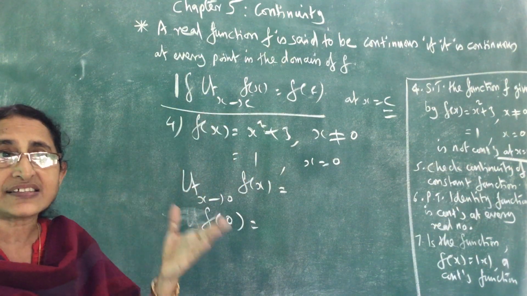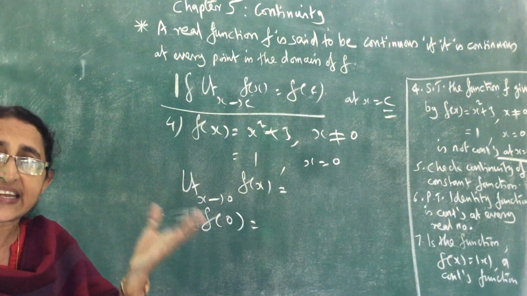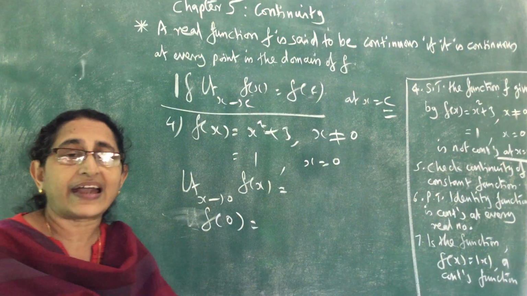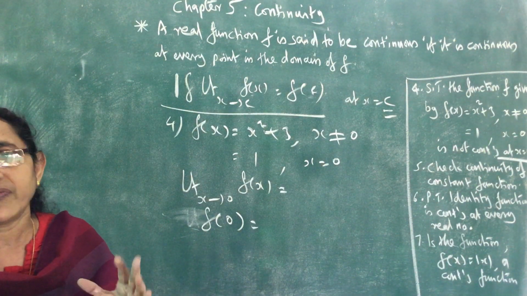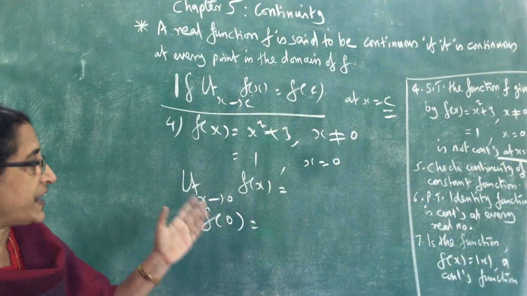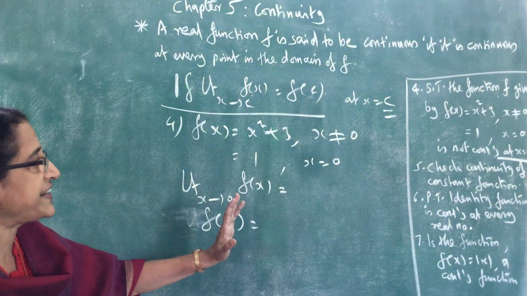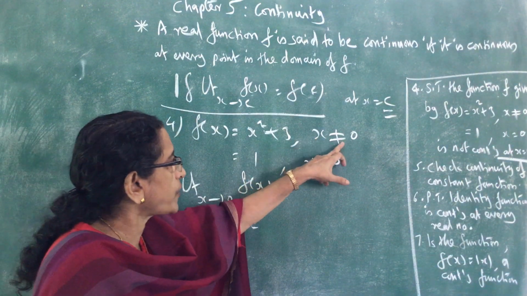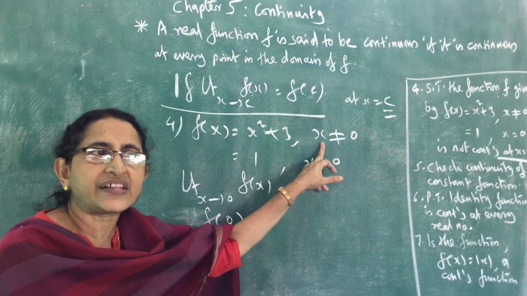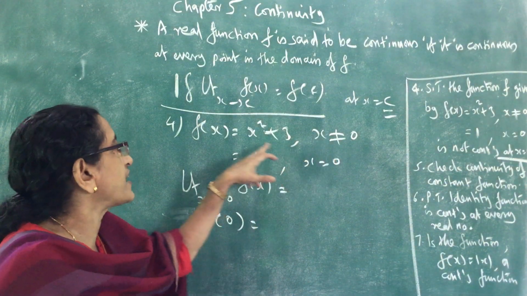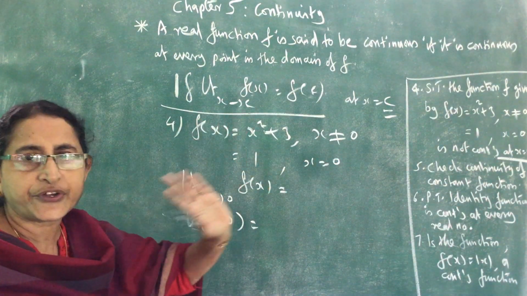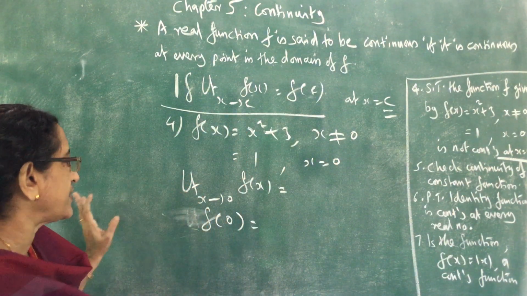If for x less than 0 the function has one value and for x greater than 0 some other value, then we have to find both left hand limit and right hand limit. Here, x not equal to 0 means x can be less than 0 or greater than 0, and in both cases the function has the same value. So no need to find left and right limits. Directly we can find the limit.